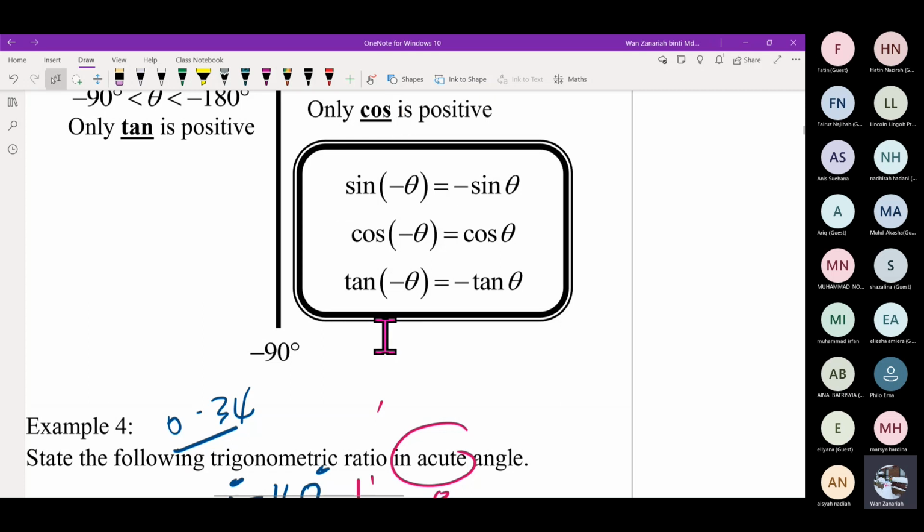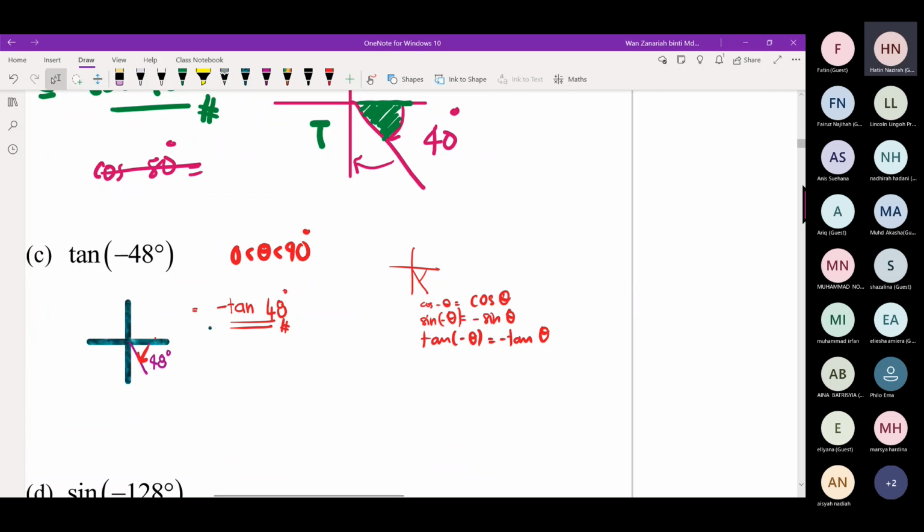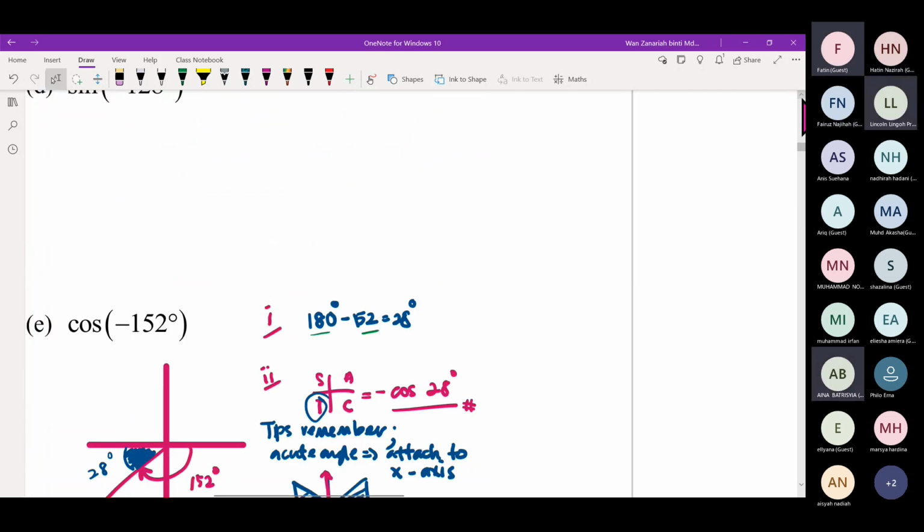For the others, you follow step by step: first determine the acute angle, then think of the trigonometry ratio. Is it positive or negative in that quadrant? Okay? Alright, can?